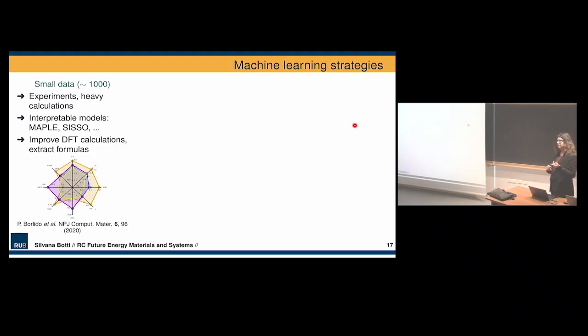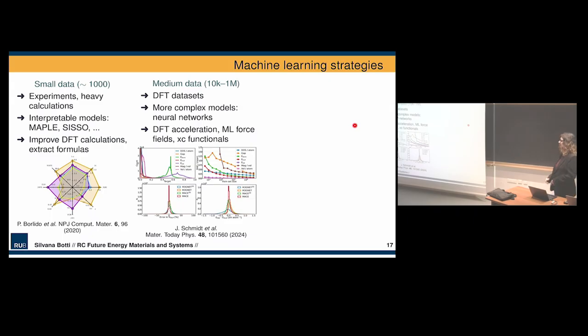In the exercise that we will look at later, we just use some decision trees, some simple algorithms, because to make a quick exercise, we are not going to use too much data. So this can still be useful. For example, if we do machine learning on top of DFT calculations and we want to correct to more accurate calculations, sometimes one doesn't need so much data or such complicated models.